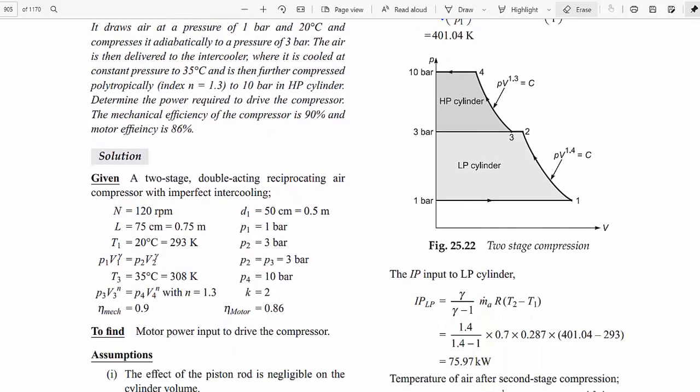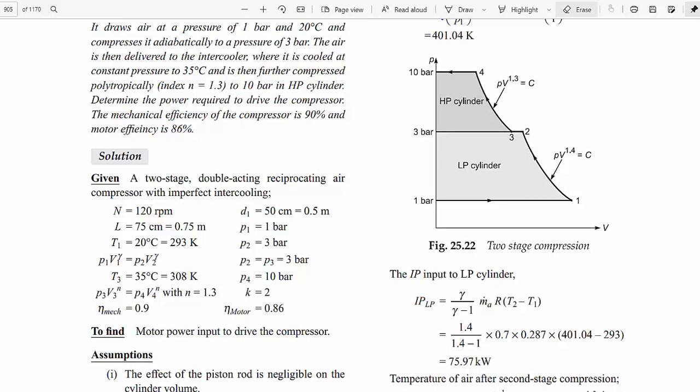Then the input power to the LP cylinder. Remember the power formula for without clearance, which is W input equal to n by n minus 1. And here gamma instead of n, because the process is adiabatic. n is the polytropic index, but here they are directly given the process as adiabatic. Therefore gamma by gamma minus 1 into ma R (T2 minus T1).